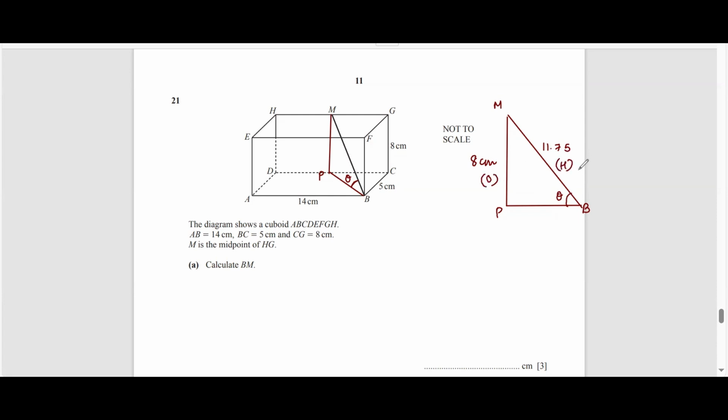Opposite and hypotenuse, the trigonometric ratio is sine. So sine theta is equals to opposite by hypotenuse. So theta will be sine inverse of 8 over 11.75, which is 42.9. So 42.9 degrees will be your final answer.